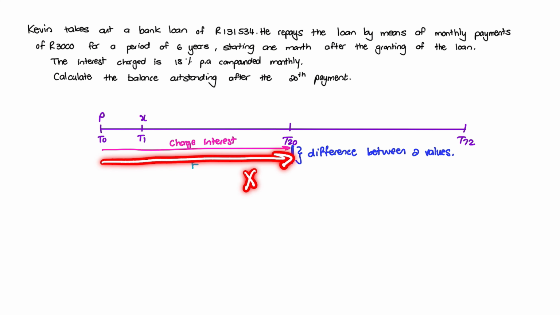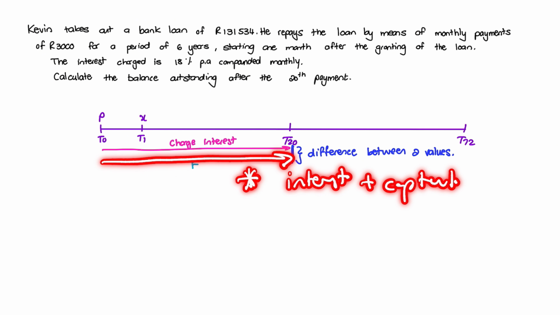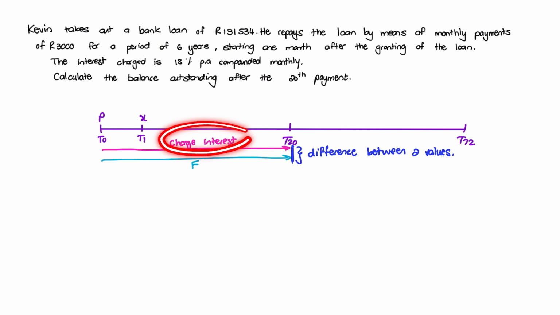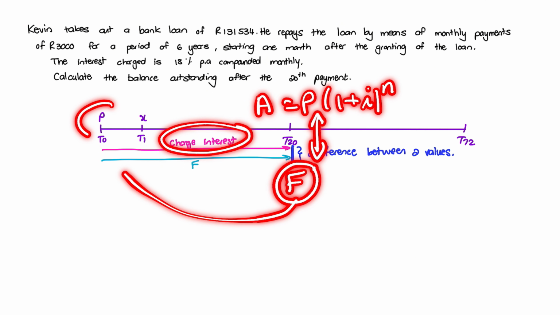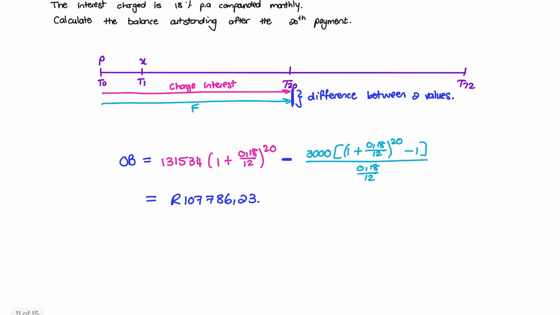That includes the interest and the capital on the loan. See, if I can find the full amount of interest charged, and I can find the total that I've paid, and I take the difference between those values, then I'm actually left with the capital that I've paid on the loan. So here we have the first part where we charged compound interest.